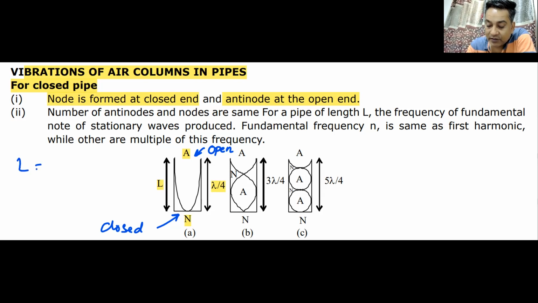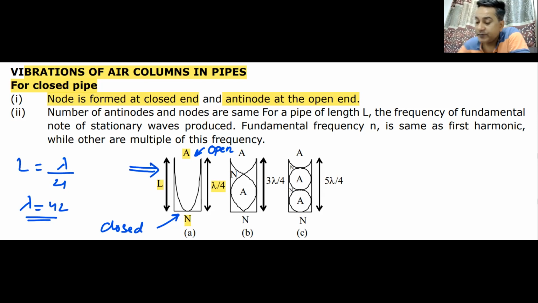So my L becomes lambda by 4, or my lambda becomes 4L. This is the first wave that can be formed and this is known as the first harmonic or the fundamental mode. It only has one node and one antinode. Do we understand this?